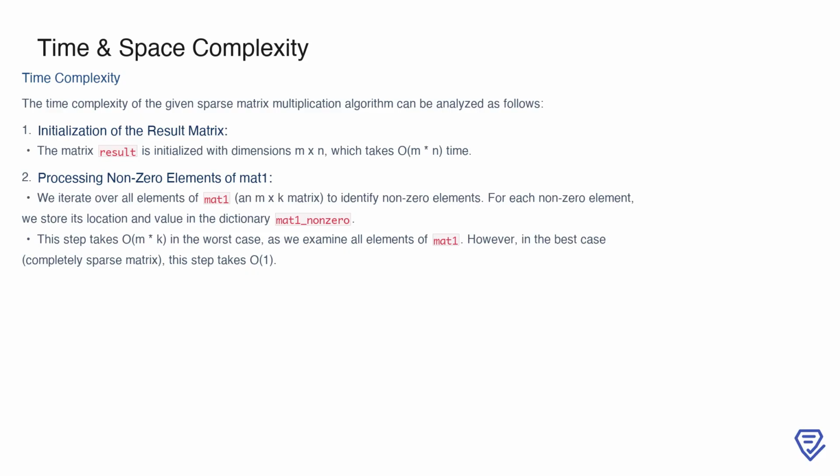Since mat1 is an m by k matrix, iterating over all of its elements to locate and store the non-zero values in a dictionary will take m * k time in the worst case, where all elements are non-zero. However, in the best case, if the matrix is completely sparse, this step would be much faster, potentially taking O(1) time as there would be no non-zero elements to process. This step ensures we efficiently capture the sparsity of mat1 before proceeding to the multiplication phase.